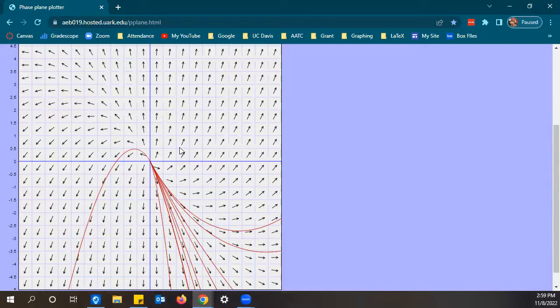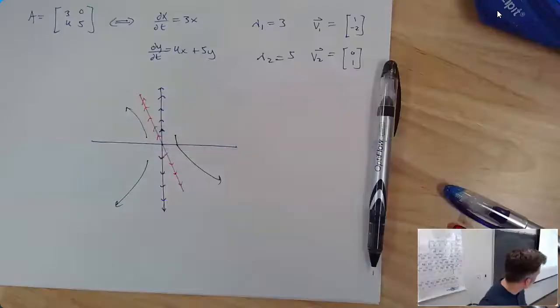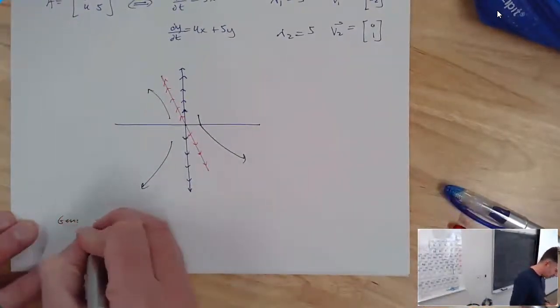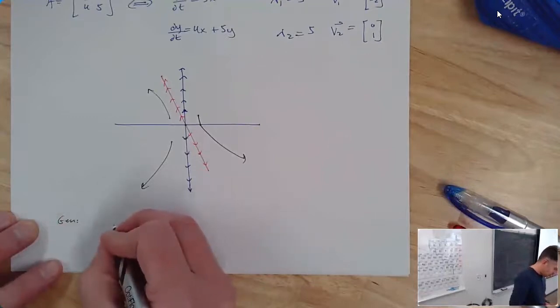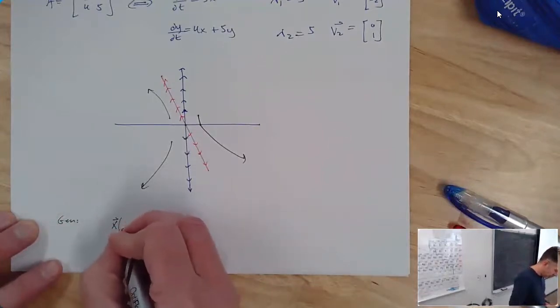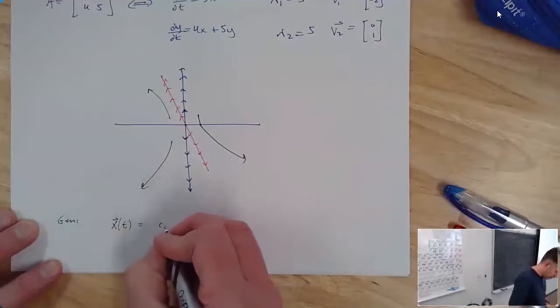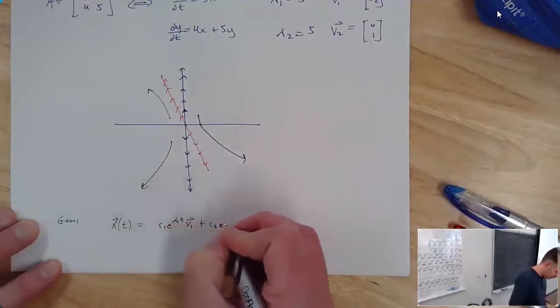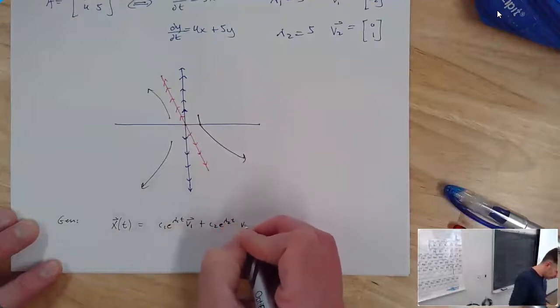Correct. So the eigenline just points away from the origin if the eigenvalue is positive, in towards the origin if the eigenvalue is negative. And again, the real reason for that is because of how the general solution looks. If you're talking about your general solution, x of t as a vector is c1 e to the lambda 1 t times v1 plus c2 e to the lambda 2 t times v2.